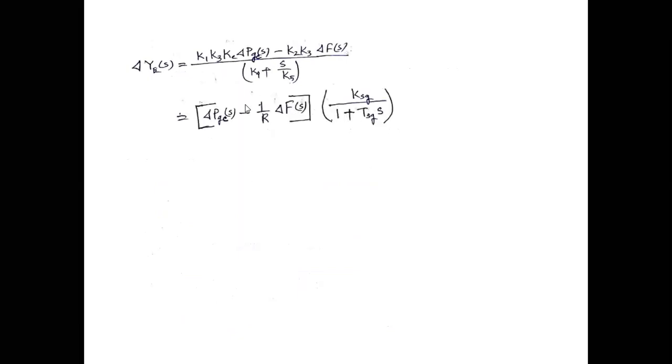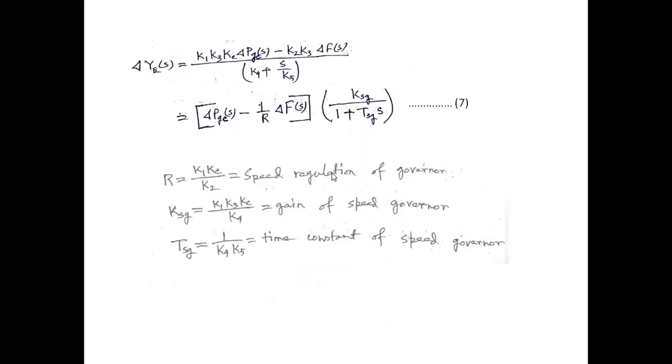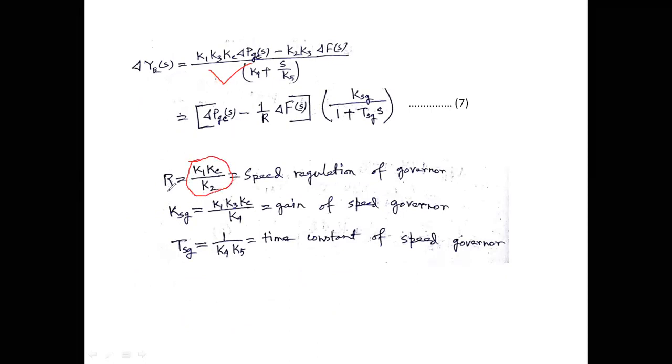You can see from the previous equation we got this equation. Here R is the speed regulation of the governor, and it is actually K1 Kc by K2 from the previous equation. After simplifying this, instead of this part we are writing 1 by R, speed regulation.